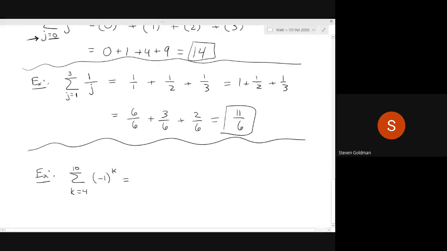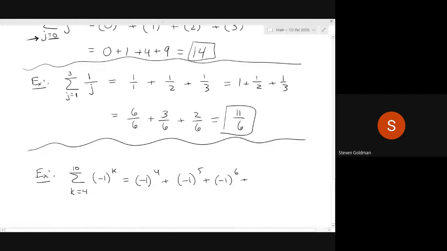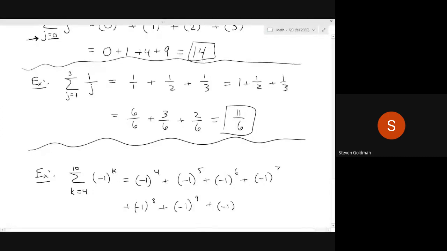What would that be? So if I'm starting by plugging in 4 for k, this is going to be negative 1 to the 4th, plus negative 1 to the 5th. I keep going, k keeps going up by 1 until I get to 10, plus negative 1 to the 6th, plus negative 1 to the 7th, plus negative 1 to the 8th, plus negative 1 to the 9th, plus negative 1 to the 10th.